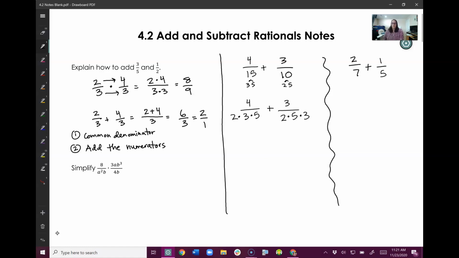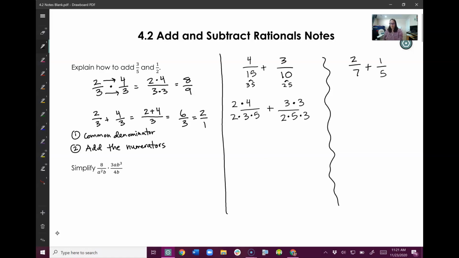But here's the thing. Fractions are kind of like equations. Anytime you multiply or do anything to the bottom, you have to do the same thing to the top in order to keep it balanced, keep it equal. So I'm going to times this by 3, so I times by 3 on top and bottom, and times this by 2, so I times by 2 on top and bottom.